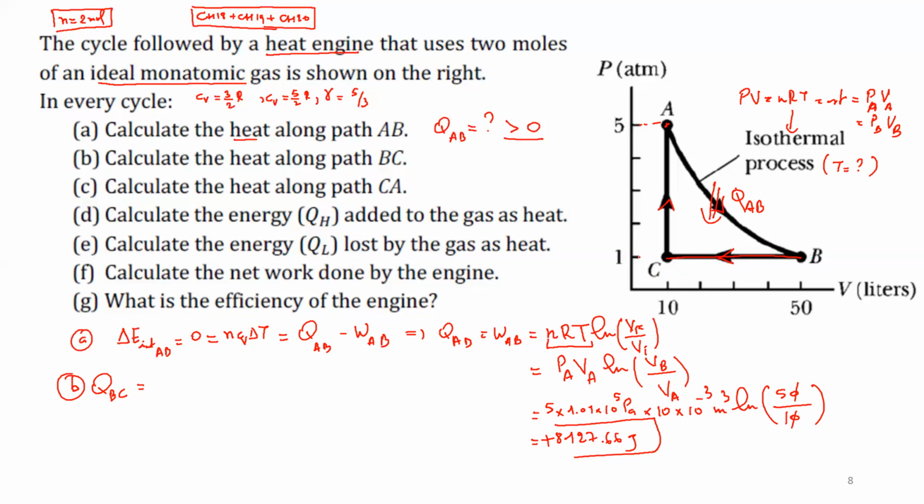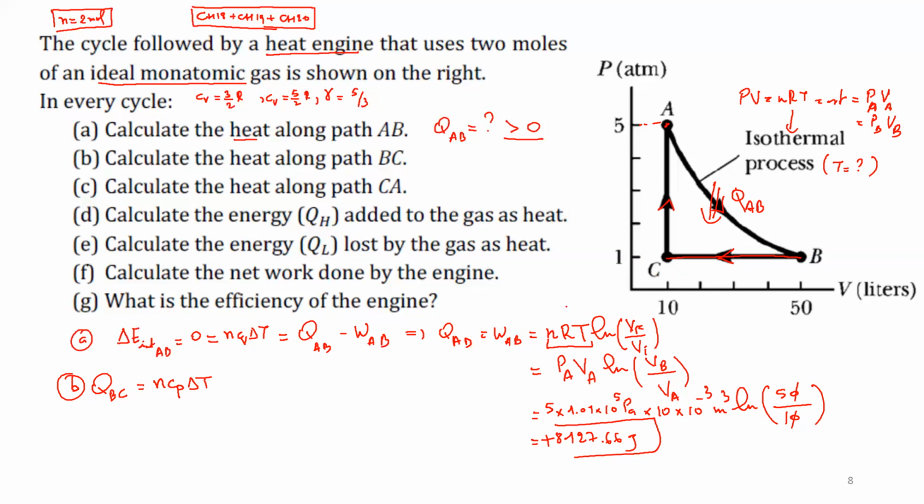Constant pressure process, so heat is just n Cp delta T. And this is very important, and we already discussed this: the heat depends on the path. And here the path is constant pressure. So it will be number of moles, Cp, which is specific heat at constant pressure, multiplied by delta T.